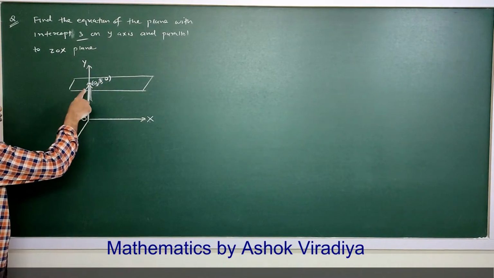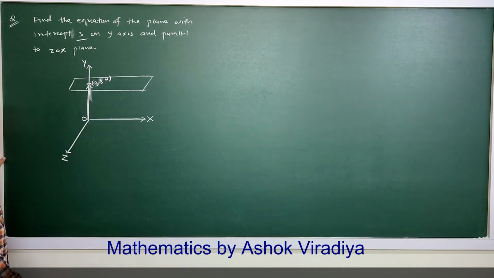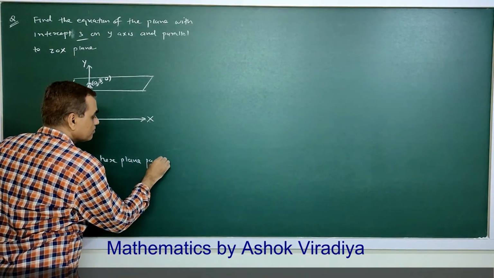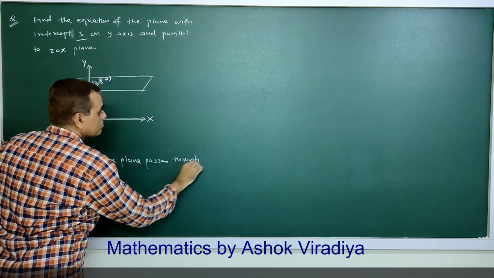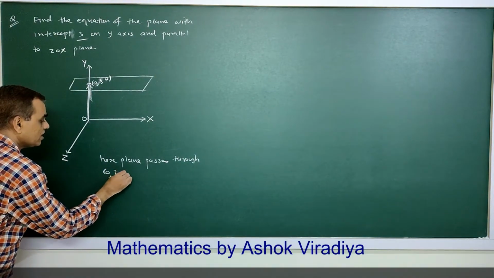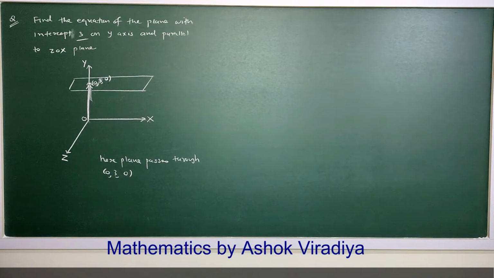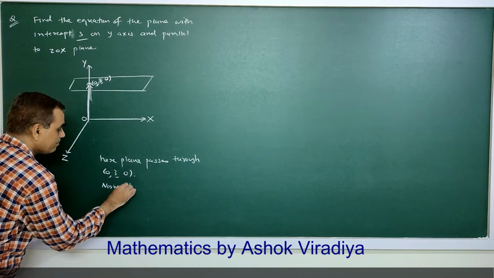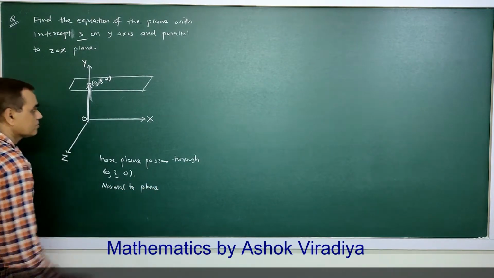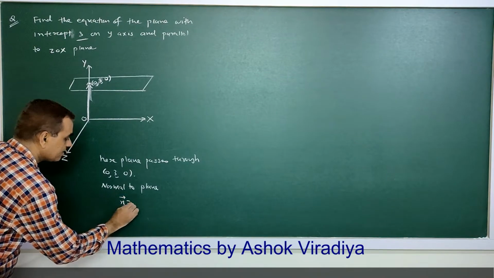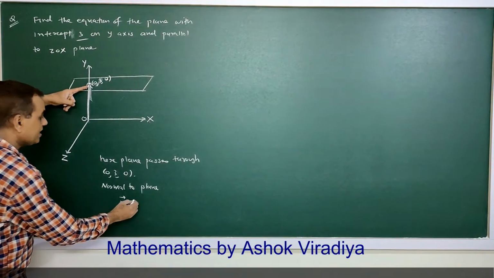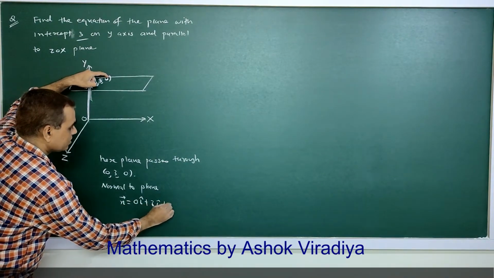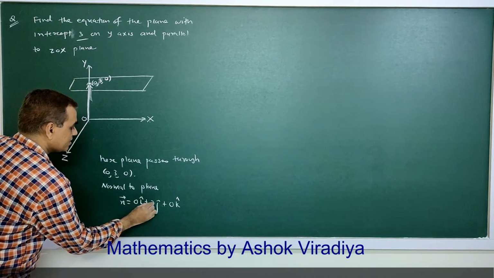So the plane is passing through 0, 3, 0, so a point is given, and its normal n can be taken as 0i plus 3j plus 0k.